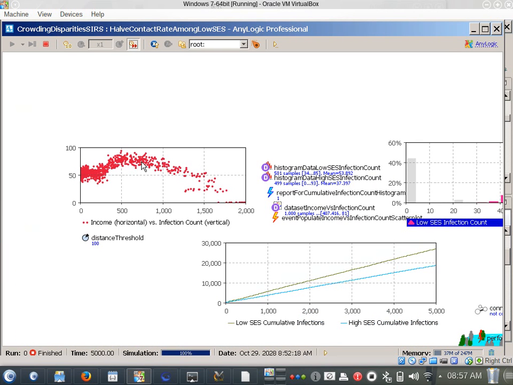Can anyone explain why that is? Why is it no longer just this gradient downwards? Because we've put a lot of effort into reducing infection. Exactly. We put a lot of effort here into reducing infection rates and vulnerability among the lowest group.